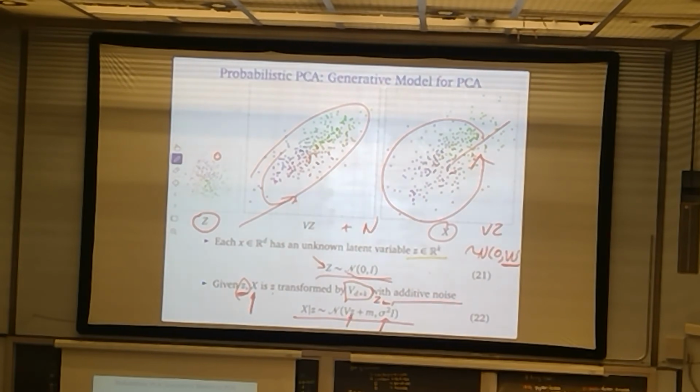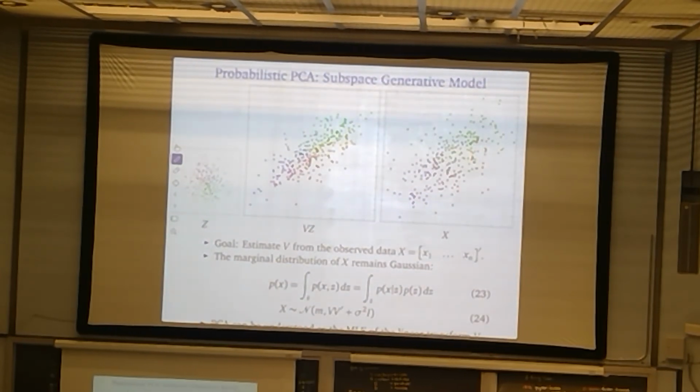Given z is fixed, the mean has been transformed. It may add some m to it, but it's of no consequence to us because PCA takes care of the centering. So we don't need to worry about m for the time being. And this is just some additive IID Gaussian noise. What is our goal? This is the observed variable. We are going to estimate our transformation starting from this z.